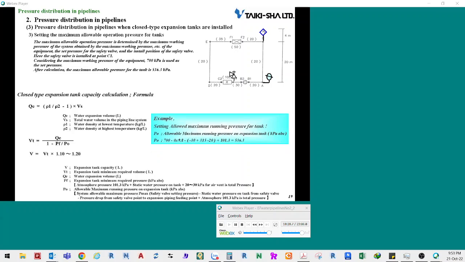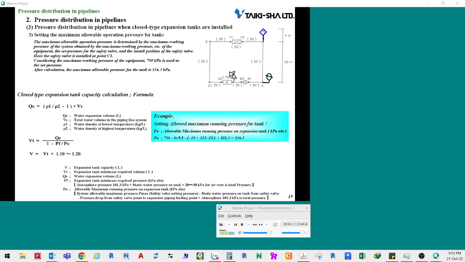Here the safety valve is installed at point C1. Considering the maximum working pressure of the equipment, 700 kilopascals is used as the set pressure. After calculation, the maximum allowable pressure for the tank is 536.3 kilopascals.